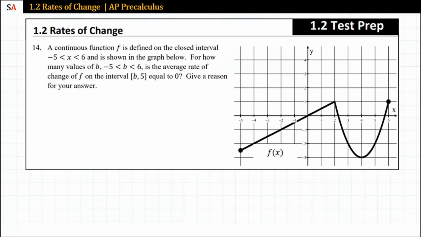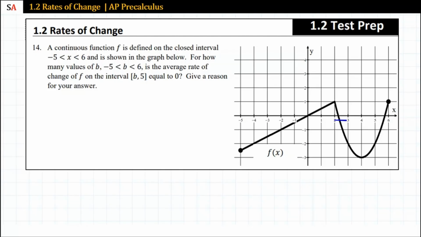And the final question we have. A continuous function f is defined on the closed interval -5 less than or equal to x less than or equal to 6 as shown in the graph. For how many values of b, with -5 less than b less than 6, is the average rate of change of f on the interval b to 5 equal to 0? So b is between -5 and 6.